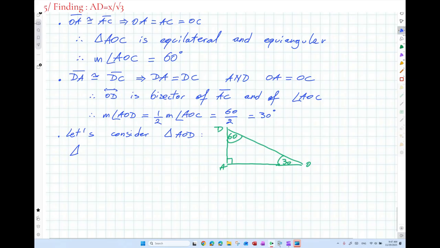The triangle AOD is a 30, 60, 90 degree right triangle, and therefore AD would be equal to x divided by square root of 3.